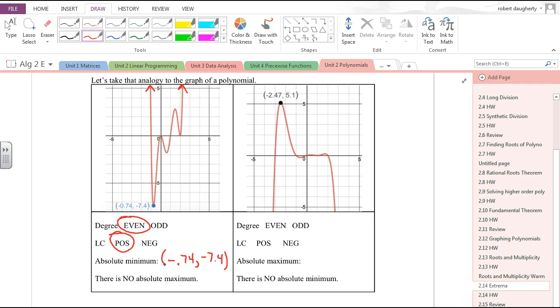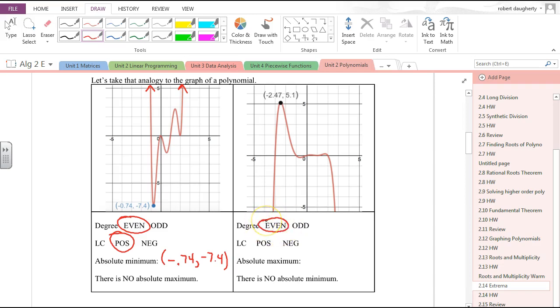Why is there no absolute maximum? It keeps on going. Never say the absolute maximum is infinity, because infinity is not a number. You can't put your finger on it and say, there's the absolute maximum, infinity. Can't do it. So there is no absolute maximum in this problem. Look at the next one. What is the degree of this one?